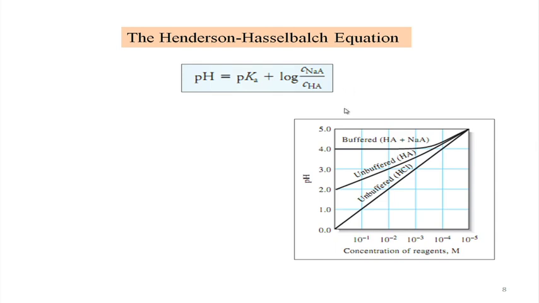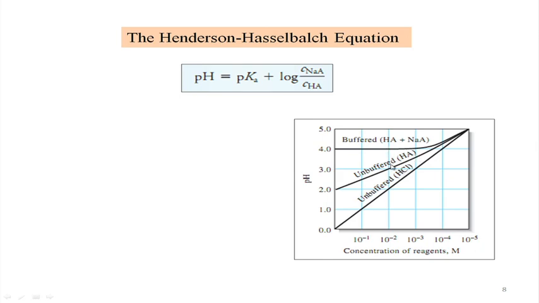So, your pH is changing from say pH 5 to pH 1 and then to 0. If you see, the slope is almost a 45 degree slope in this plot of hydrochloric acid. As the concentration changes, the pH changes in a very drastic manner. So, this is the pH dependence on the concentration of hydrochloric acid, which is unbuffered, that means no salt of the hydrochloric acid has been added.